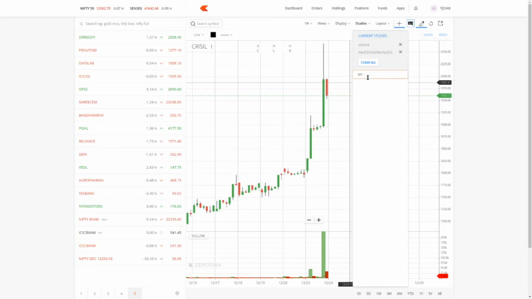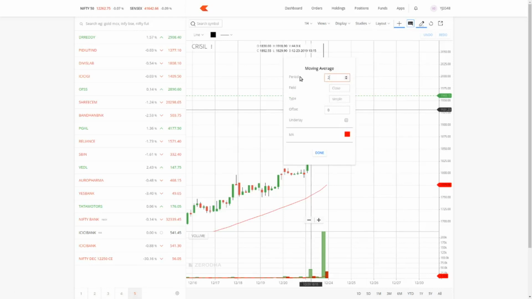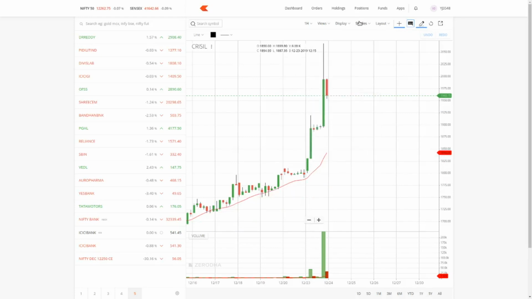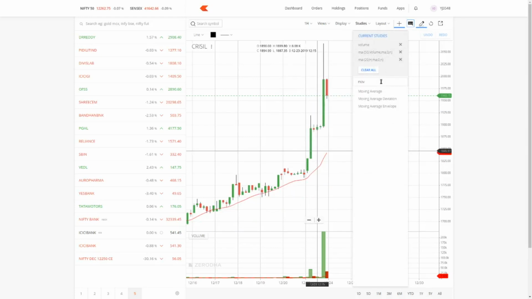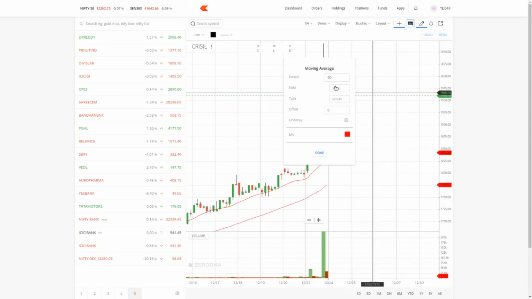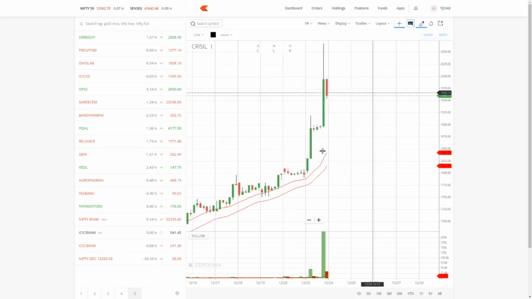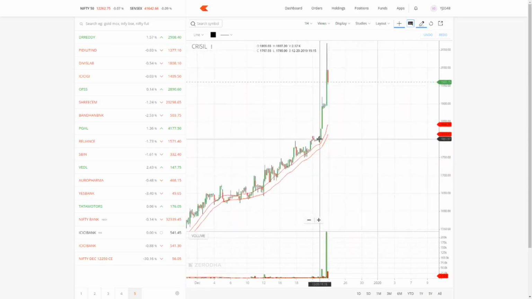So let me plot the moving average of high first for 20 period. You can choose any period; we have chosen 20 period here just to explain.